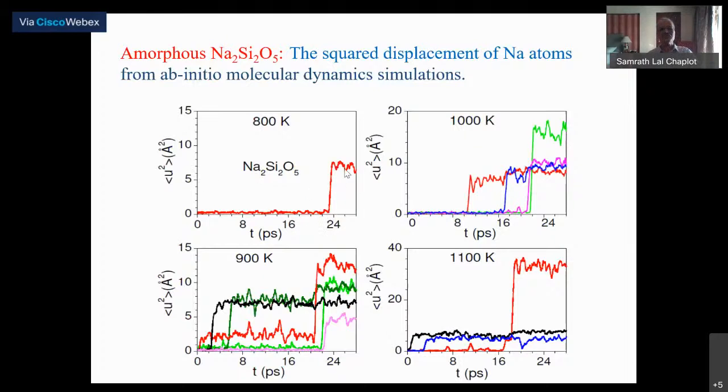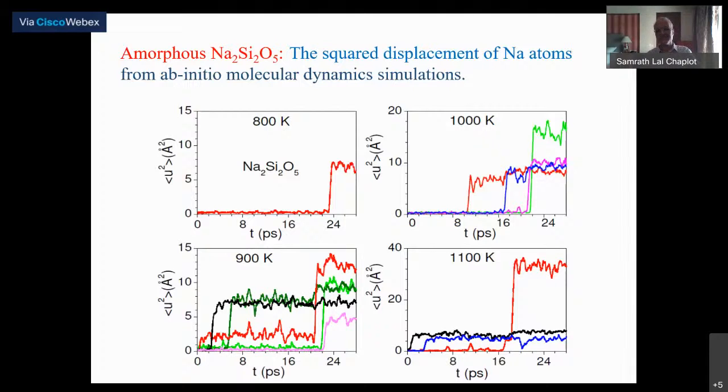The mean square displacement is changed by something like 6 Angstrom squared, which means it has jumped by about square root of 6, which is about 2.5. So there is a jump of about 2.5 Angstrom, and that is shown. This is one particular sodium atom in this picture. As you increase the temperature, several sodium atoms show such jump motion.